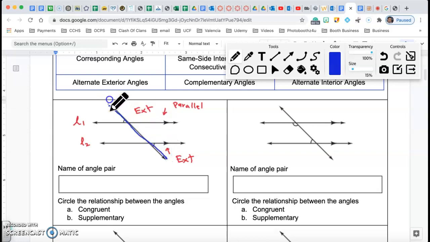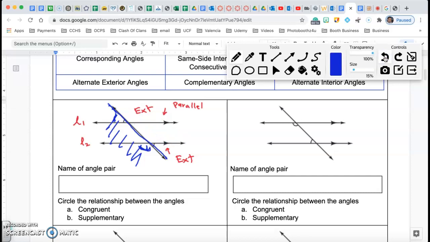This line is called a transversal. If the angles are both on one of the two sides of that line, the left side or the right side, they're called same side.